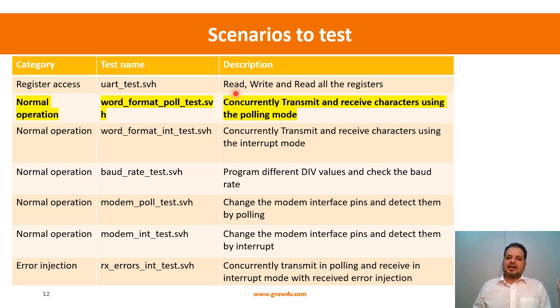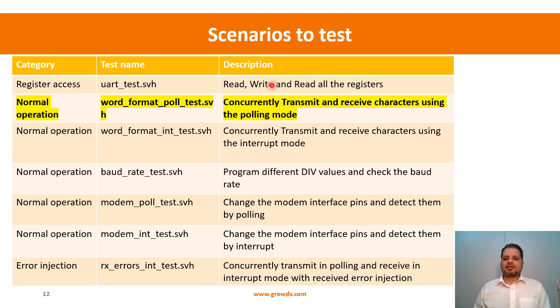So immediately after the DUT powers on, without programming anything, you read those registers and check if they match the power on reset value, and then you write all the registers with some random value, read them back, and check whether only the right fields have gotten updated.